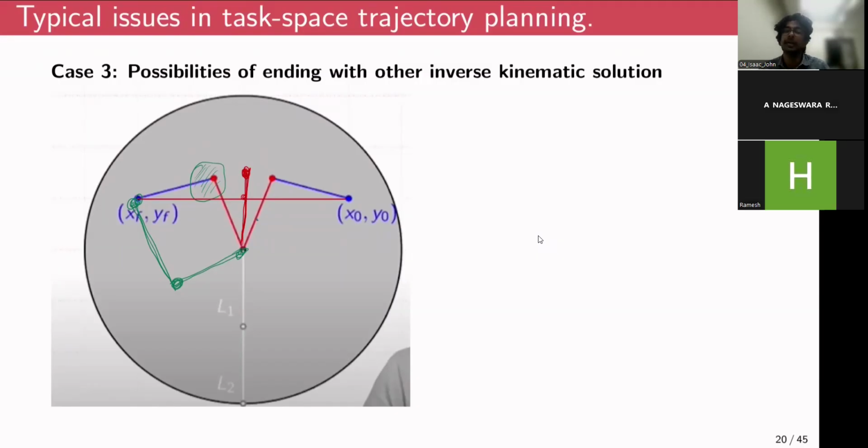So it can flip from that singularity configuration into this underarm position, or it can flip to this overarm position. It's very uncertain. So again, that is also one of the complications that we may encounter when we try to plan a trajectory in task space.